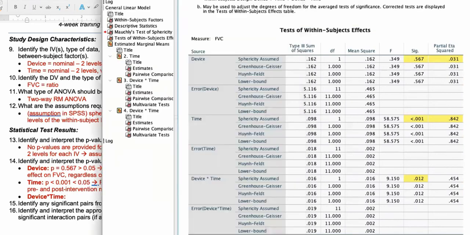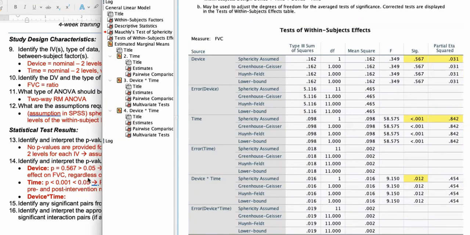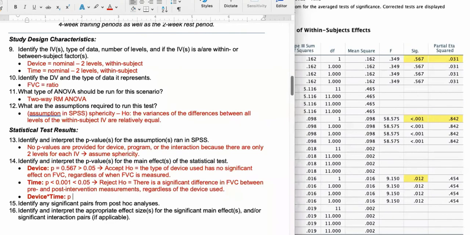The p-value for our interaction is 0.012. So we can report that one. Also less than 0.05.